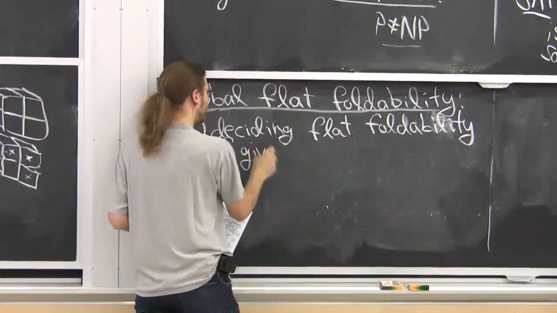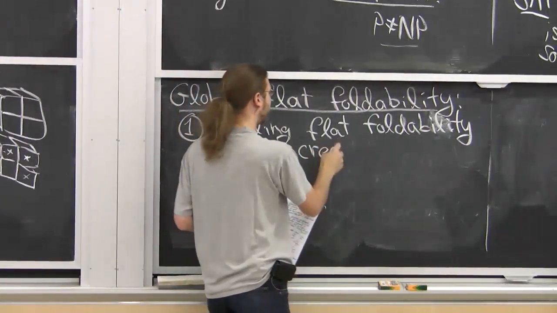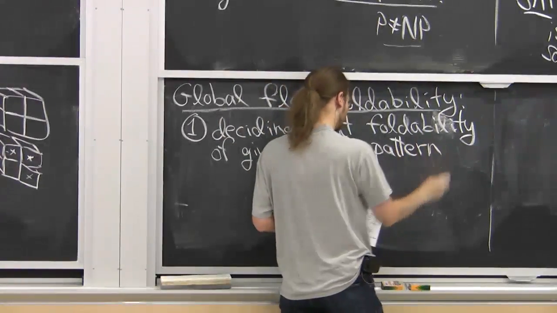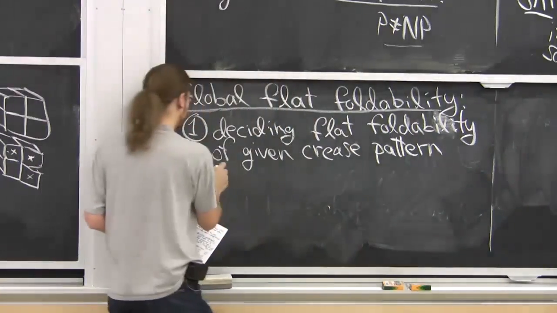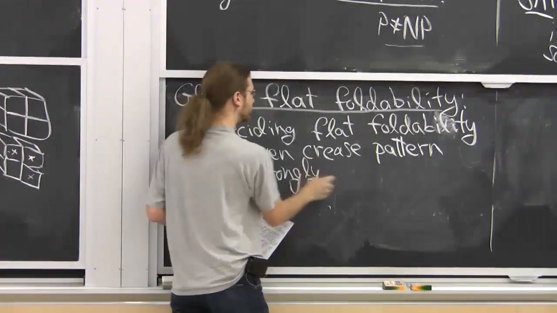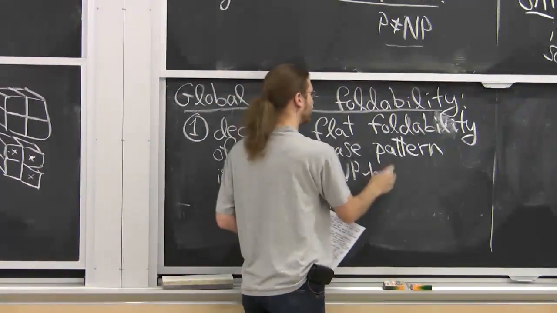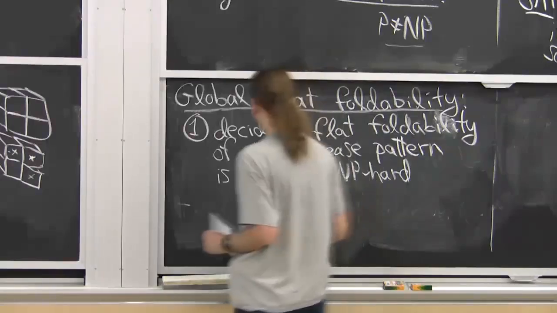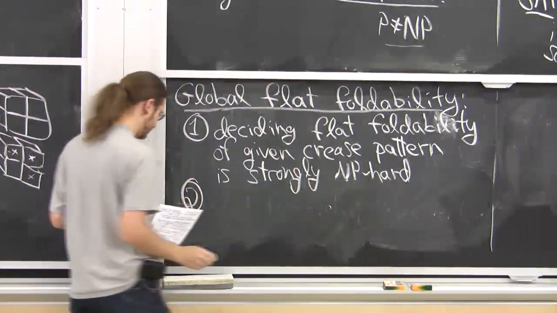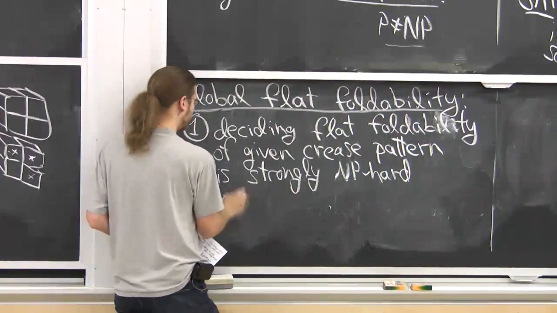So I give you a crease pattern. Just want to know, is it flat foldable in the global, in the regular sense? This is strongly NP-hard. Proof I just gave was actually weakly NP-hard. It's not known whether that problem is strongly or weakly hard, but at least weakly.